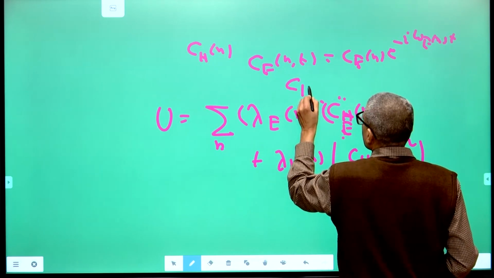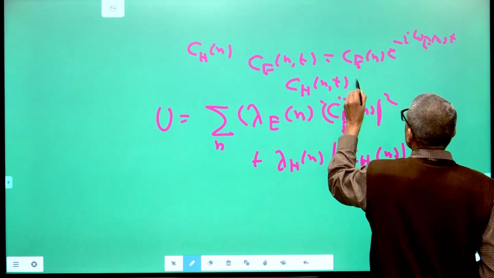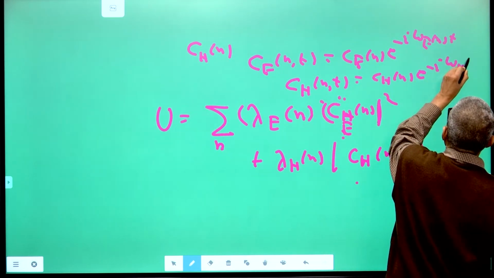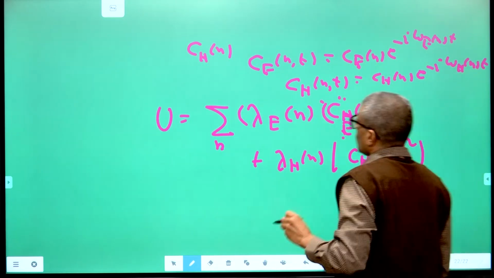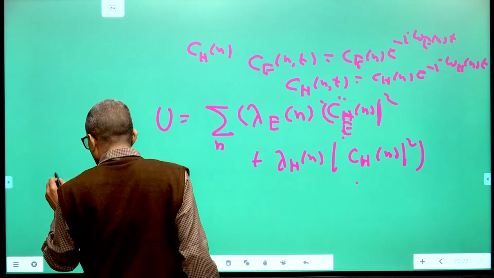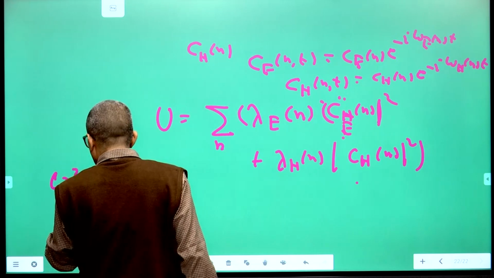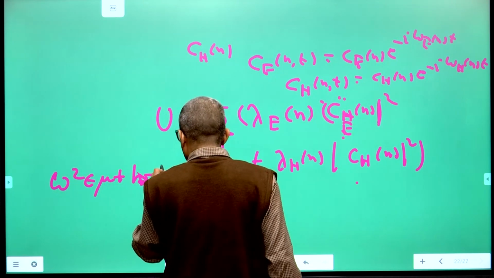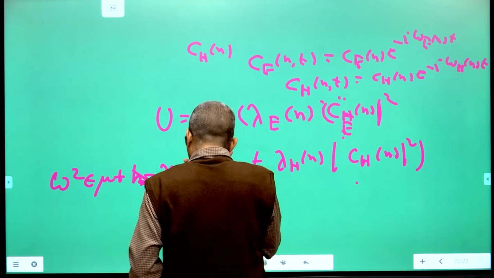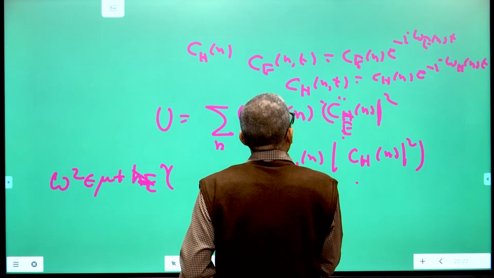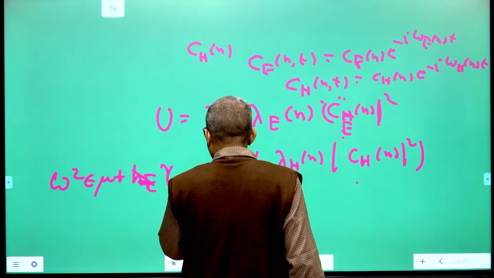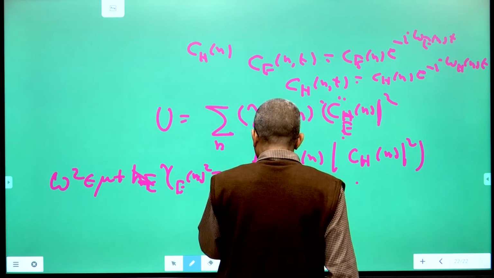Likewise CHN t is CHN into e power minus I omega HN t, where your omega EN, how do you calculate? Omega square epsilon mu plus gamma square plus gamma EN square is HEN square.